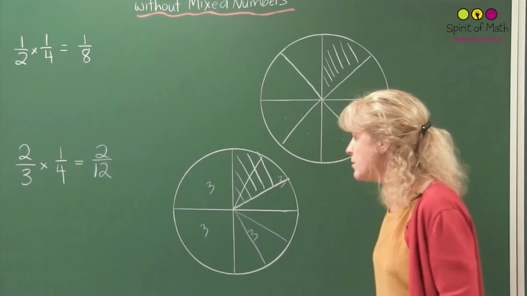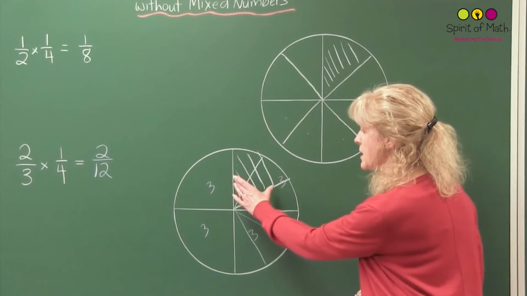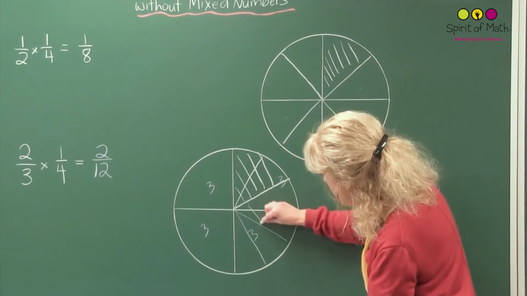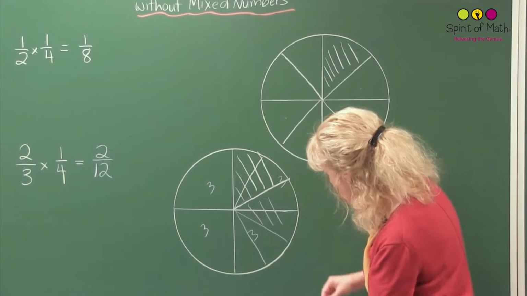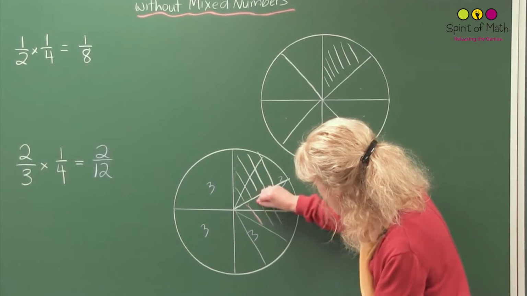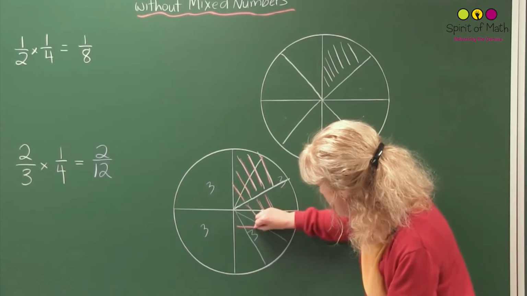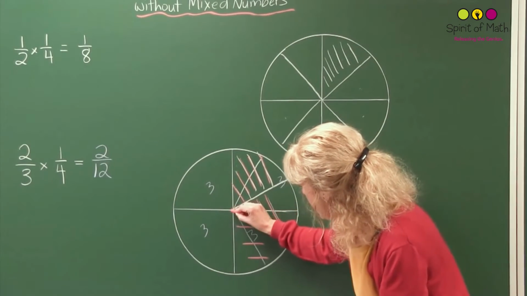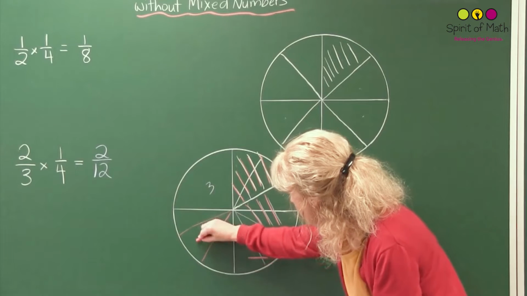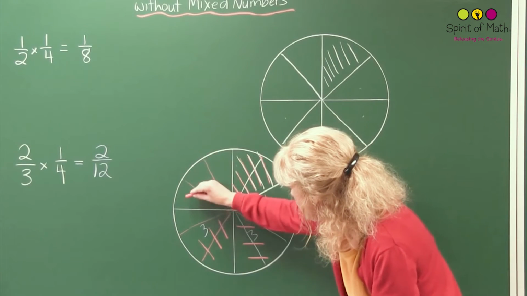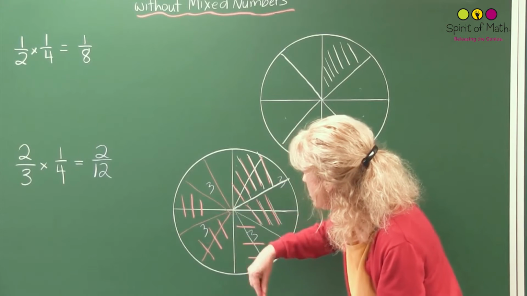Another way to talk about that is you can say that this is actually 1/6 because you have 6 of these 2/3. So here, let's do it in red. Here's a 2/3 of a quarter. There's a 2/3 of a quarter. Here's a 2/3 of a quarter. And if you divide this again, there's another 2/3 of a quarter. And then notice if you divide this again, there's another 2/3 of a quarter.